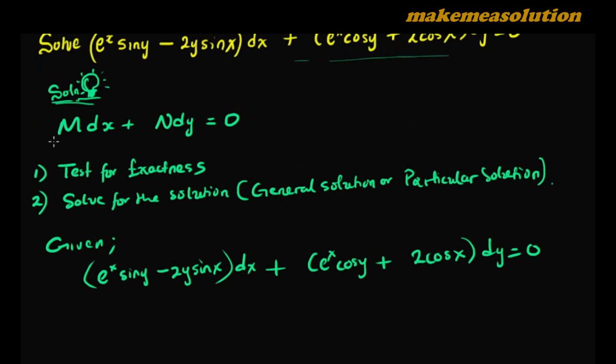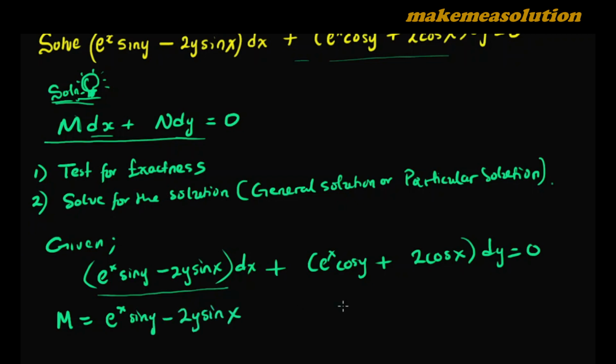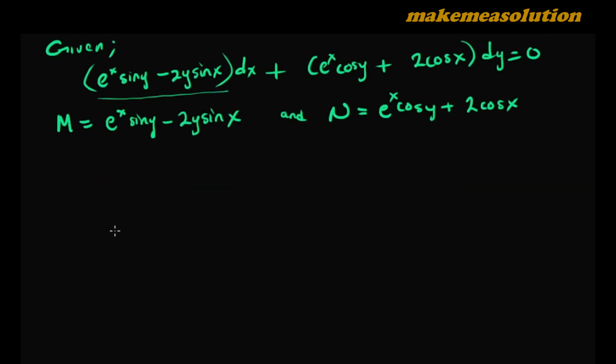Make sure that this differential equation is put exactly in this form: the dx first, the dy next, so M then N. So M in this case becomes this term over here, e^x sin y − 2y sin x, and N becomes e^x cos y + 2 cos x. Since we have obtained our M and N, remember the condition for exactness.